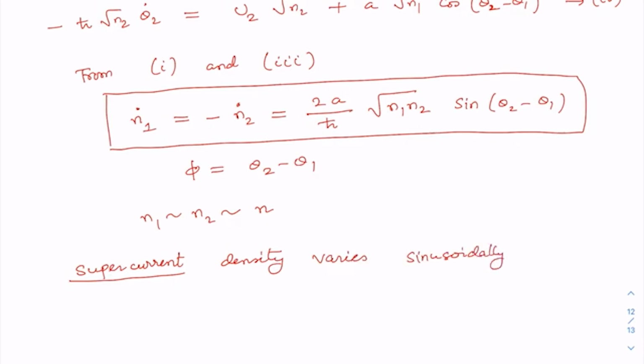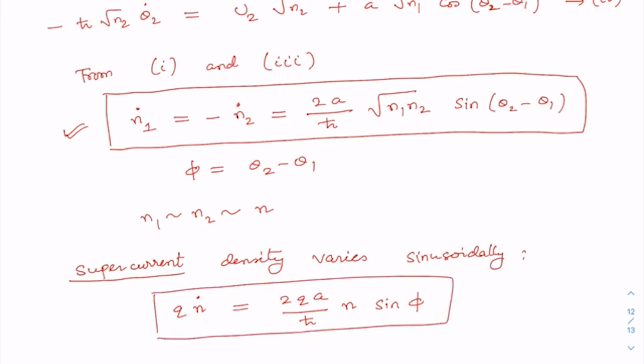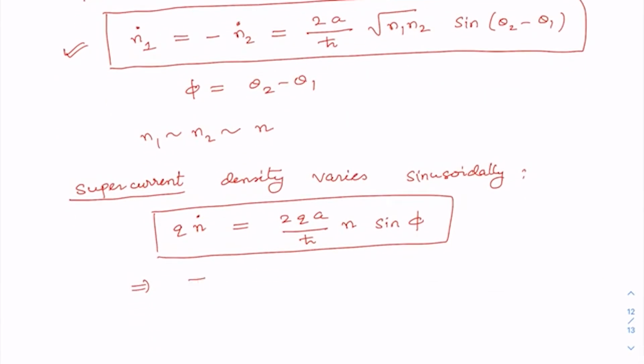Okay, so what I mean to say is that if I multiply this equation, so if I take q ṅ, that is equal to twice q A by ħ, and this is simply n, and then I have sine φ. Okay, and this is my supercurrent density Js, and I can write it as Jc into sine φ.